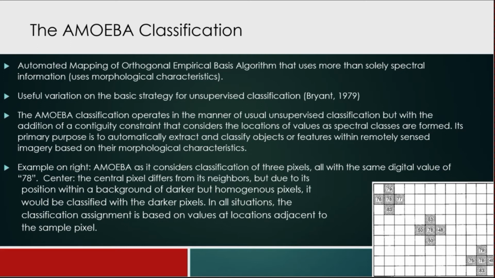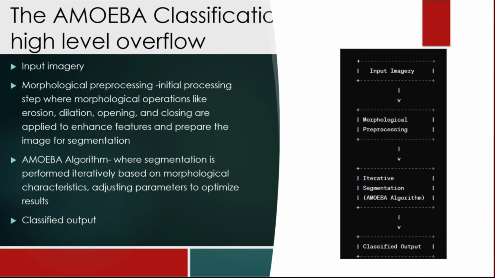So the useful variation on the basic strategy for unsupervised classification was developed into this amoeba classification by Bryant in 1979. Here's a simplified explanation suitable for what we're doing this week. That's the input imagery, and then the amoeba classification's next step would be morphological preprocessing, so extracting meaningful patterns.